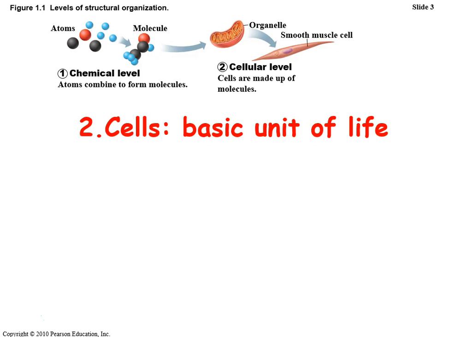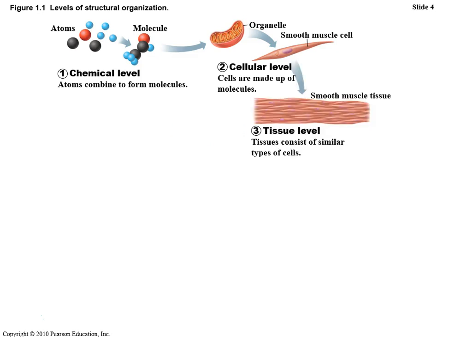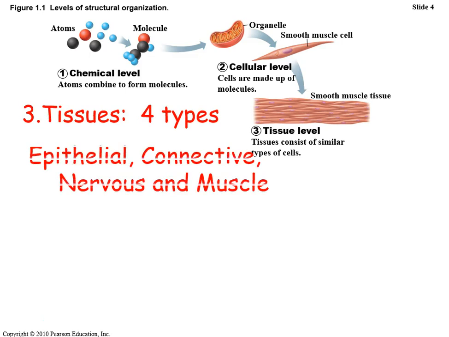We put cells together that do similar jobs, and now we've moved to the tissue level. In the human body, there are 4 types of tissues: epithelial, connective, nervous, and muscle. Epithelial covers and lines. Connective does just what it says. It connects structures. Nervous is a controlling tissue, and muscle is usually mostly for movement, but other functions as well.